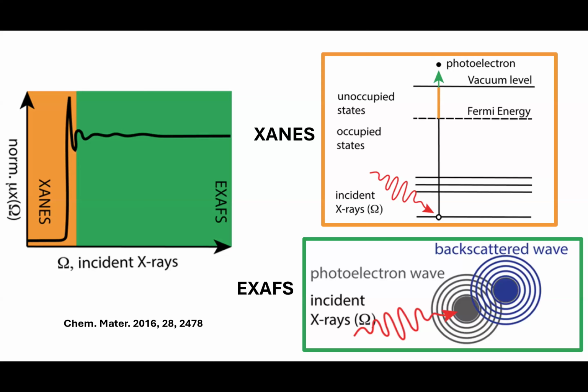When energy is not high enough, the core electron can be promoted. It will first go to the unoccupied states, just above the Fermi level. Okay, but I want you to point out, at this state, the electrons are still bound, which means they still have potential energy.